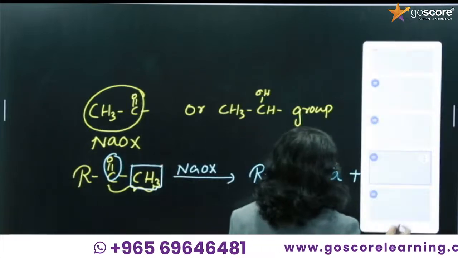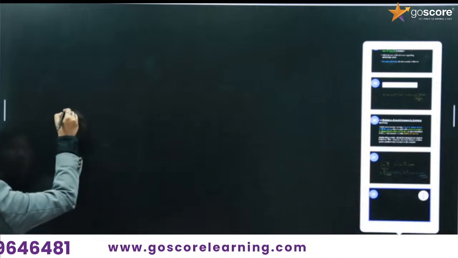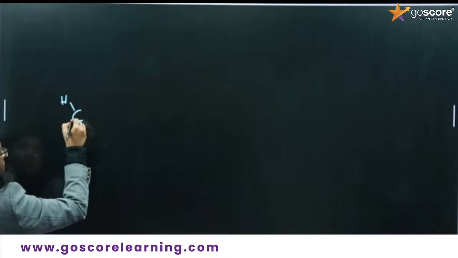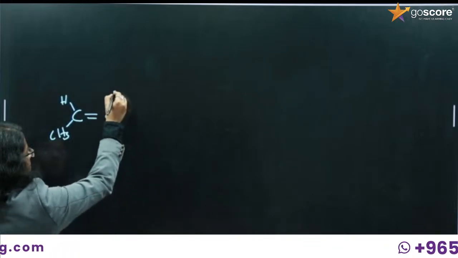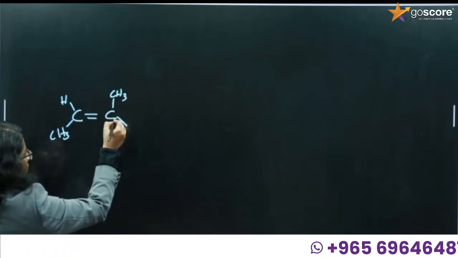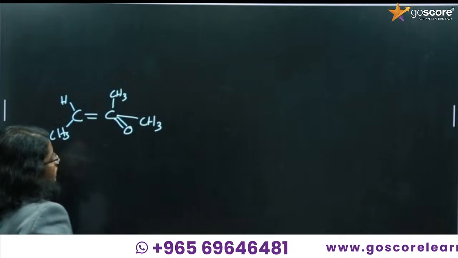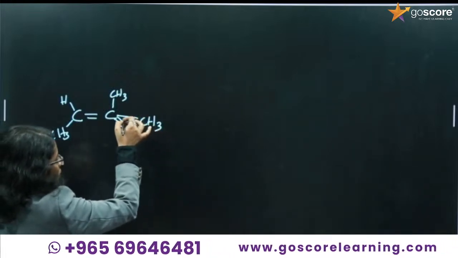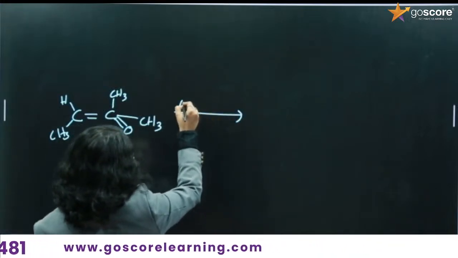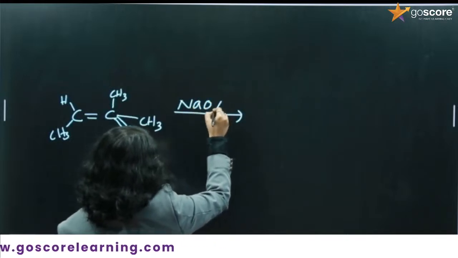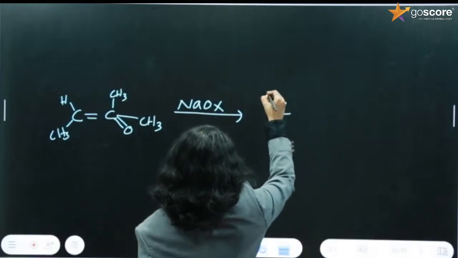Another example for this reaction: here also the COCH3 group is there. This will react with NaOX, sodium hypohalite.